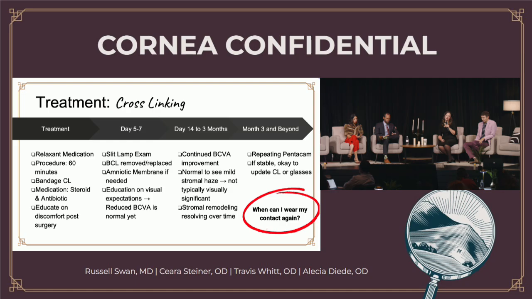And then when we're looking at the actual treatment of cross-linking, day of, they're given a nice relaxant medication because the procedure's a bit long, 60 minutes, then there's a bandage contact lens that's placed on afterwards, really emphasizing the discomfort. I've had phone calls all hours of the night, which is perfectly fine, because they're gonna need some hand holding for this first week.